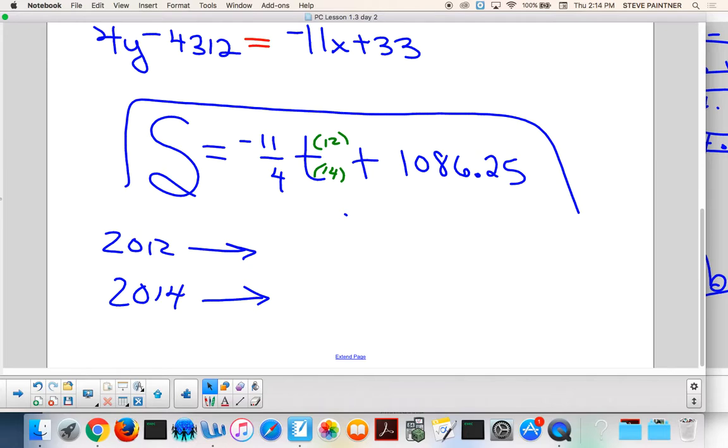How do you do that? So it has to go through these points? Well, those points are on your line, so yes, it has to go through those points.